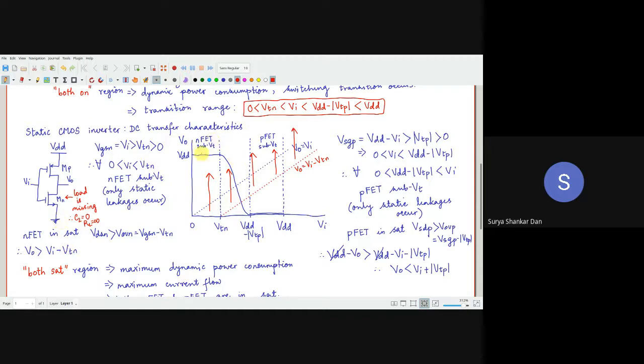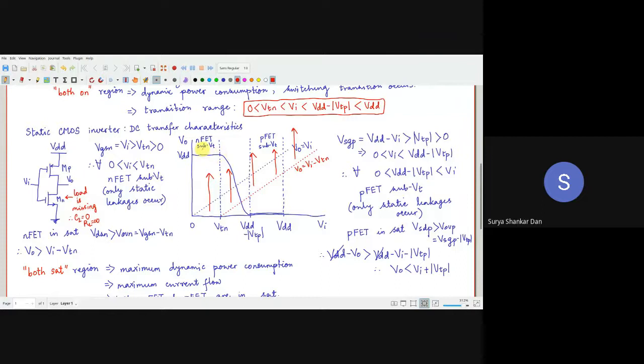Remember, the subthreshold region is the ideal saturation. I explained that to the PMMD course students last time. We are going to study that also in this course. It will be a revision for PMMD, a new thing probably for embedded systems. Subthreshold is the best possible saturation you can think of. So that is the reason why when the NFET is subthreshold, it is also in saturation. The only thing is the saturation current is very low. That's it.